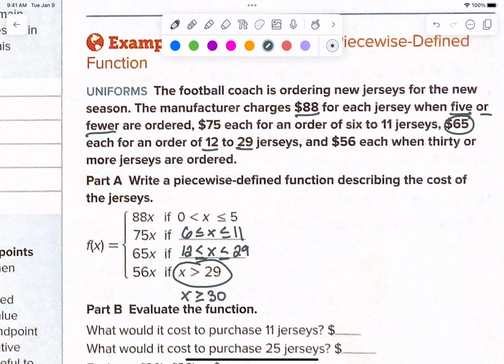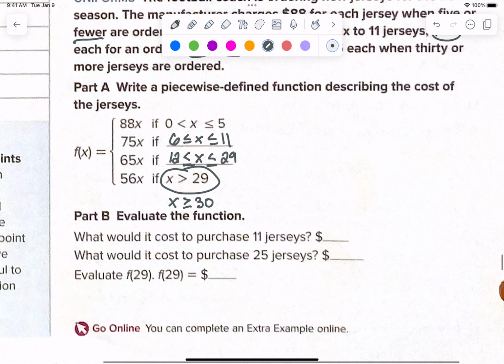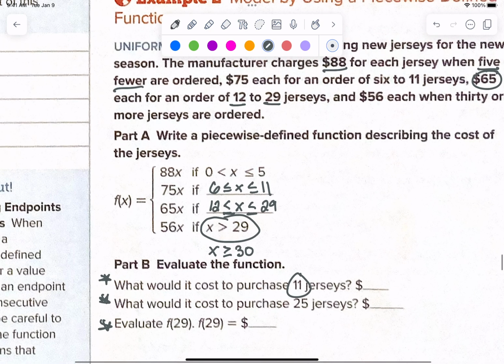Okay, B says evaluate the function. So we're given these 3 questions. What would it cost to purchase 11 jerseys? There's 4 different functions going on. If I'm purchasing 11, am I doing the first one, the second one, the third one, the fourth one? The second one, because 11 jerseys is going to be at the $75 range, right?